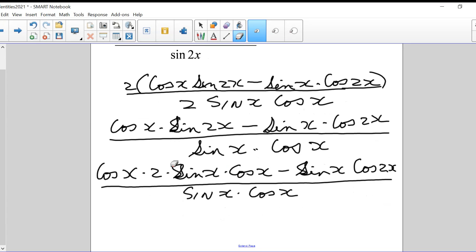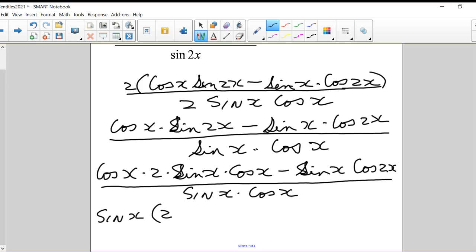This thing here, which is a cos x, and that thing there, which is a cos x, we could call that cos squared x. But I can also cancel out that sine x. You're right about that. So let's factor out that sine x. So sine x, I'm going to put 2 cos squared x, right?